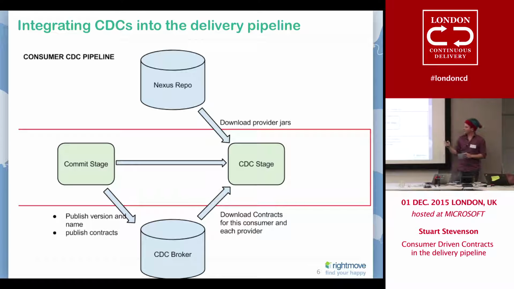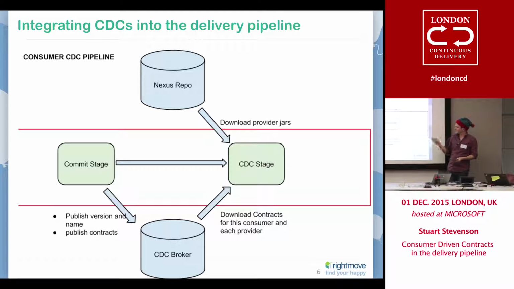Cool. So we started off by doing the provider, because if you're a service that's providing a service, you want to verify all the different consuming contracts against you. So there's only one thing to spin up. In the second stage, when you're a consuming service, if you're consuming lots of different providers, you want to spin each one of those up and test against them.